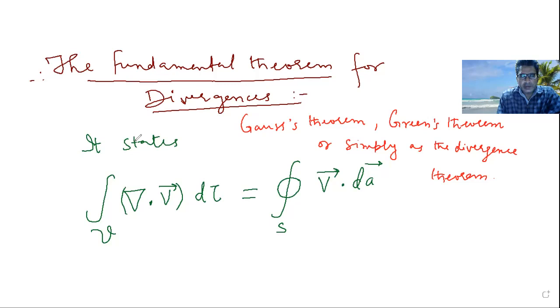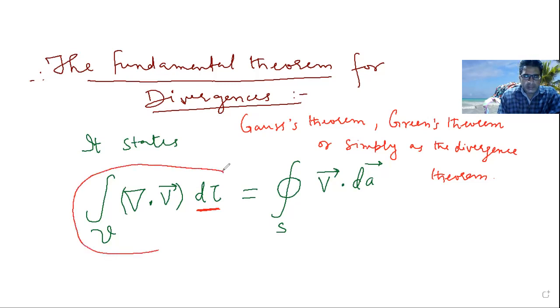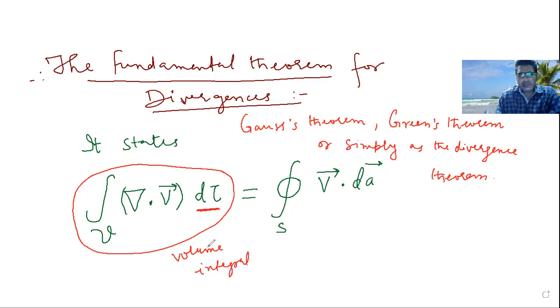Understand it. What is d tau? Remember, we have already discussed volume integral. This left hand side is actually a volume integral. We have also discussed surface integral. So this right hand side is a surface integral, right?